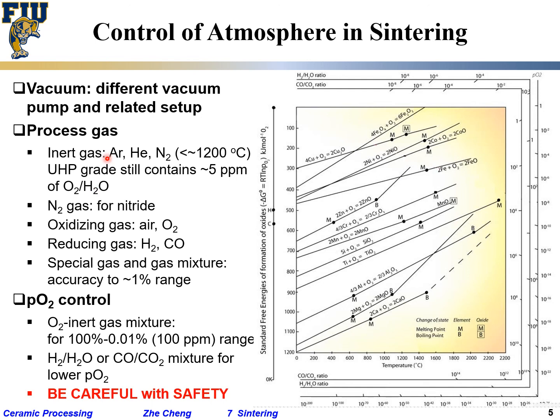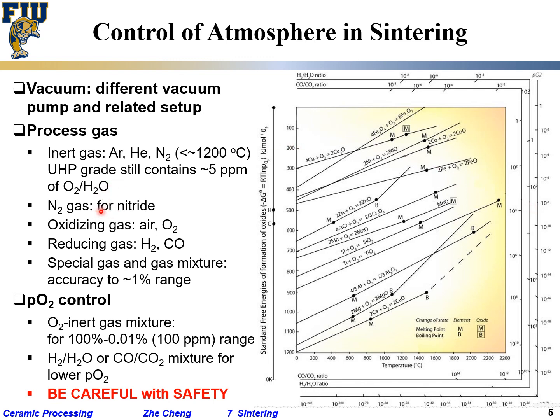So just keep that in mind. Any cylinder that says, okay, I have pure argon, honestly, it's not pure argon. It's still primarily argon, but with some concentration of water, concentration of oxygen, in parts per million, which means 10 to the minus 6.